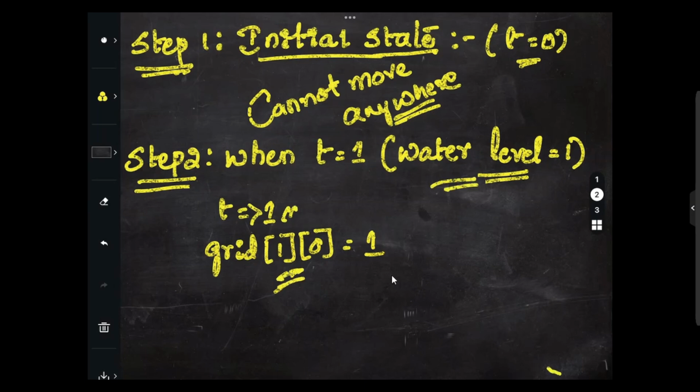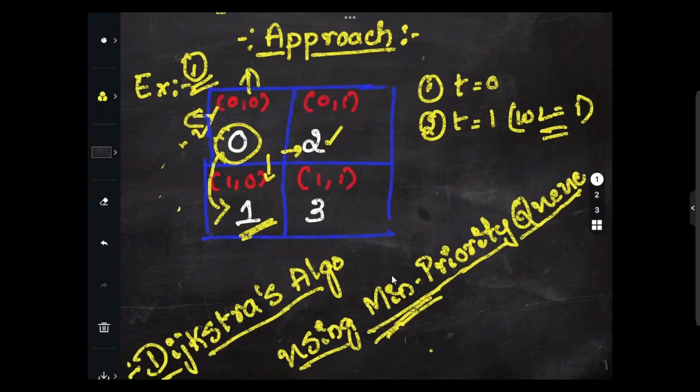So we are checking whether grid of 1, 0 is less than or equal to t. In this case 1 is less than or equal to 1, yes. So this will be true. So we can move from 0, 0 to 1, 0 in this case, right? I hope step 2 is completely clear.